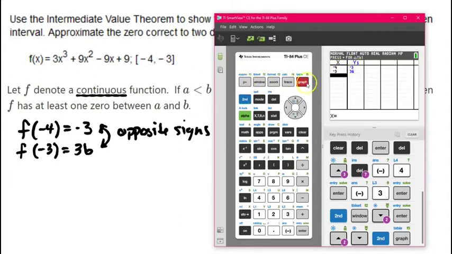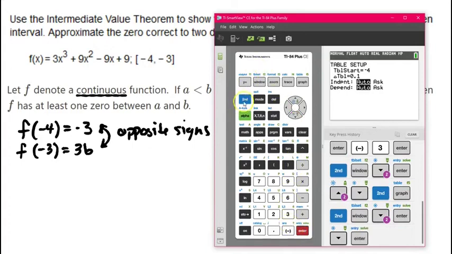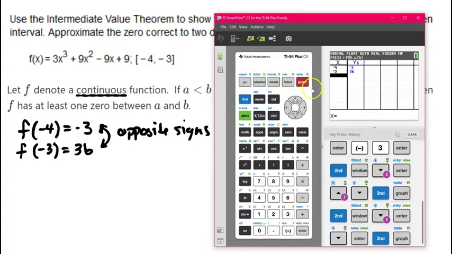All right, so let me go back and double check that I've done that right. Okay, so I have it in auto. And let's go to the table.